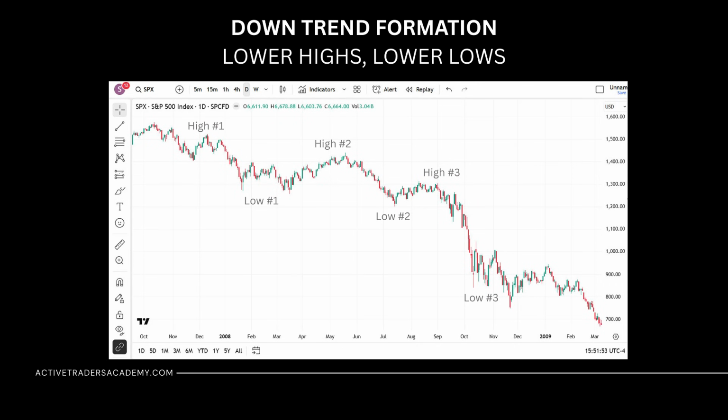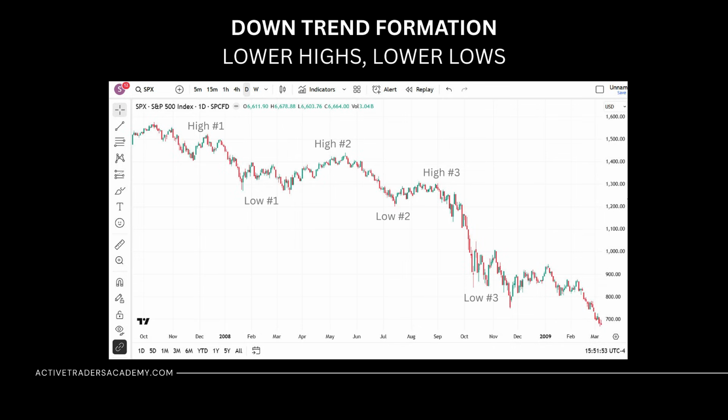Okay, in a downward formation, we look from left to right. And remember, this is the exact same chart that I showed you in the beginning. It's a downtrend, right? To confirm that, we look for lower highs and lower lows. So we identify a high, it went down, reached a low, then it bounced.